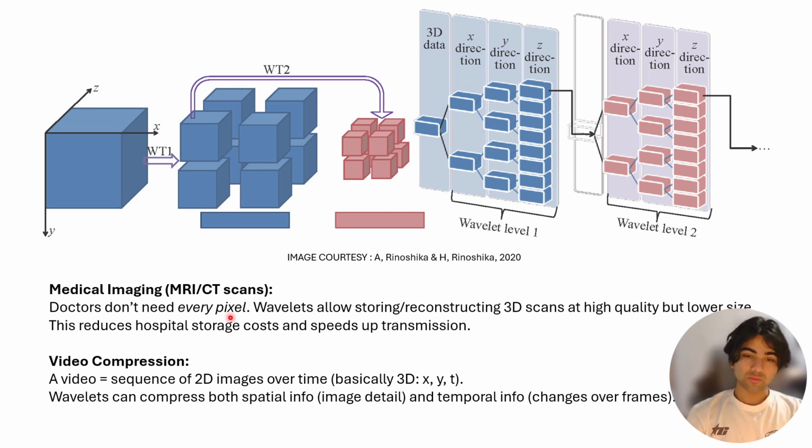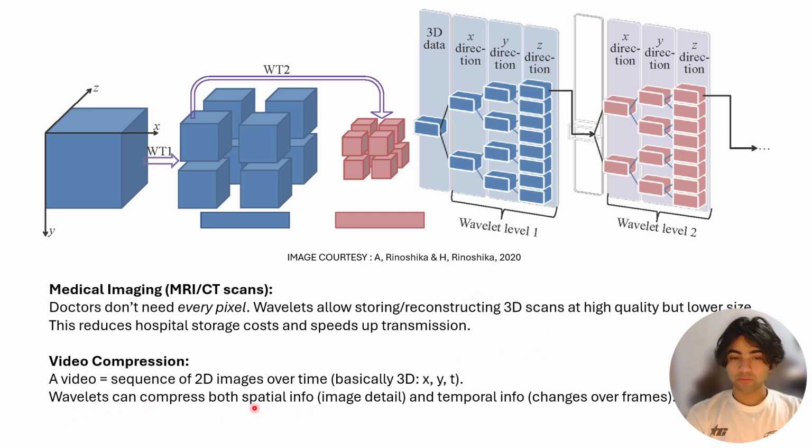That allows storing 3D scans at high quality but lower size, which reduces hospital storage cost and also the cost of transmission. It can also be used in video compression, because a video is simply a sequence of 2D images over time. So that's where we see wavelets doing their thing.